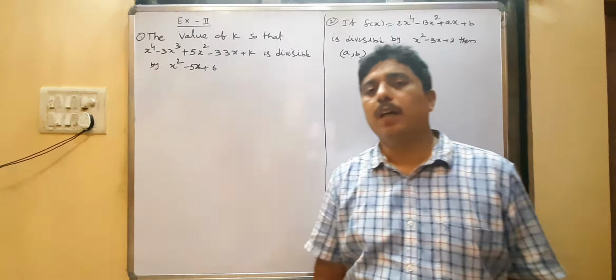If P of x is divided by x plus a, the remainder r of x is a. If P of x is divided by x minus a, then r of x is minus a. This information is given.